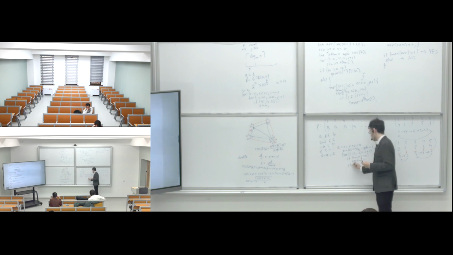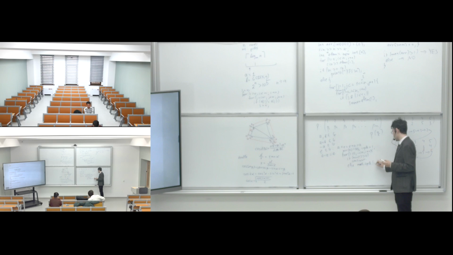Else, we call some function. So let's say mark cycle. Okay, mark cycle. So we start with position i, we give it the array, and we give it the permutation. Okay? And that's all.